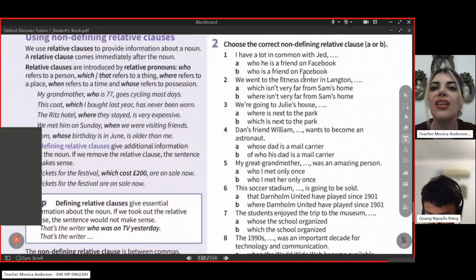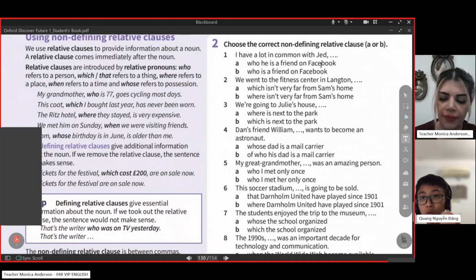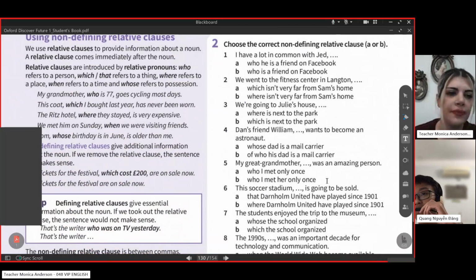Now let's complete this part. Choose the correct non-defining relative clause.